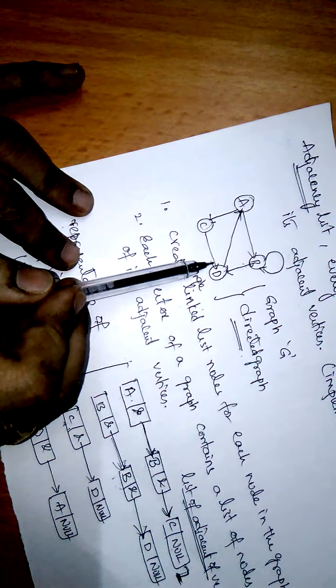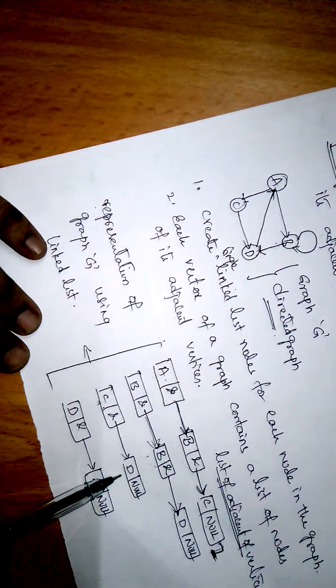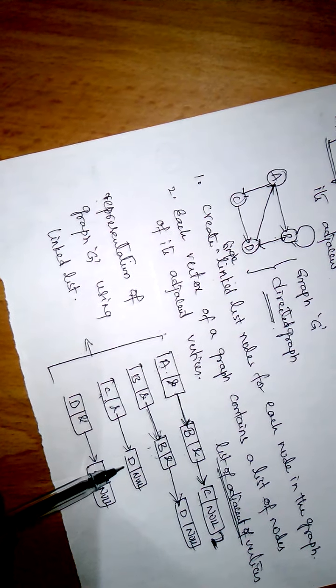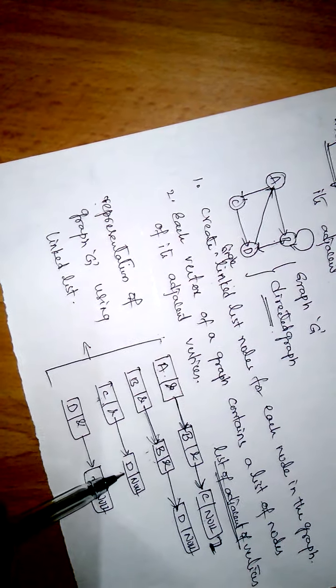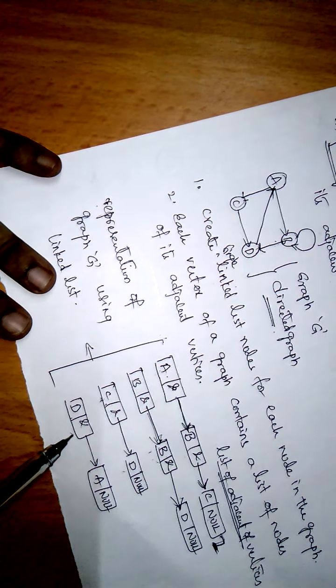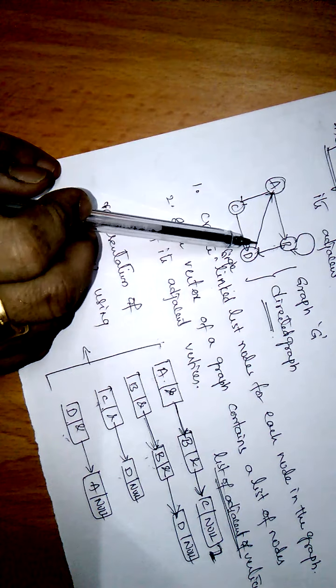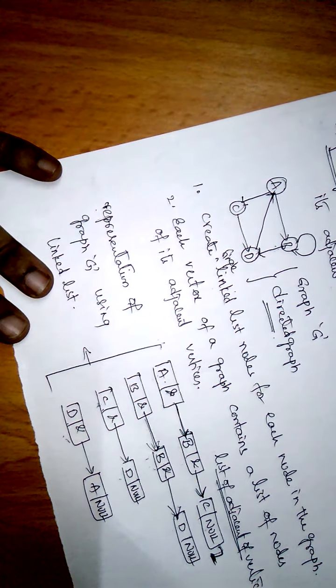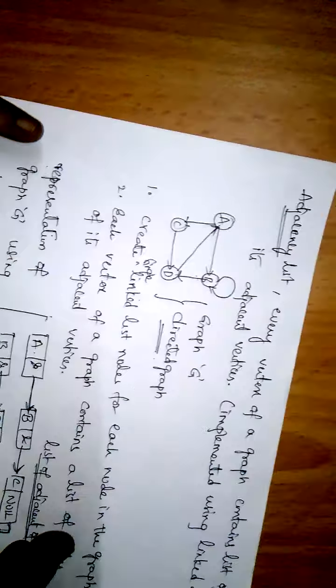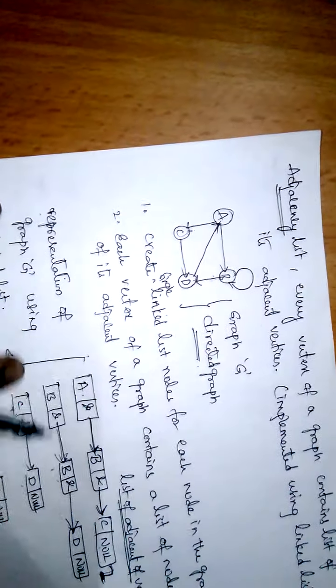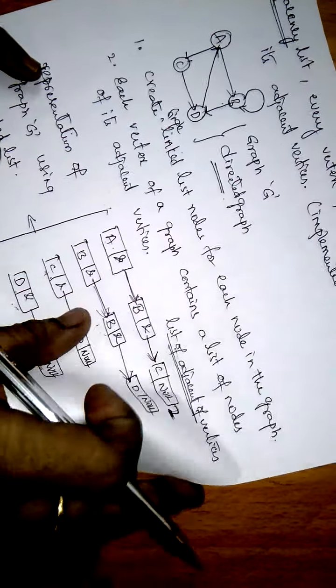Only one, that is D. We create an adjacency list with node D and point to that list. Next is D. What are the adjacency nodes of D? Only one node, that is A. This is called the adjacency list representation of a graph.